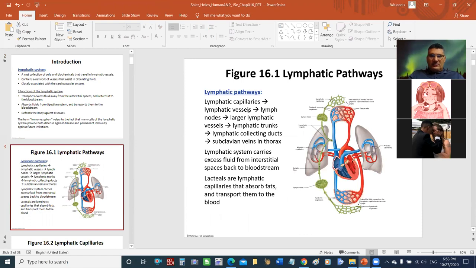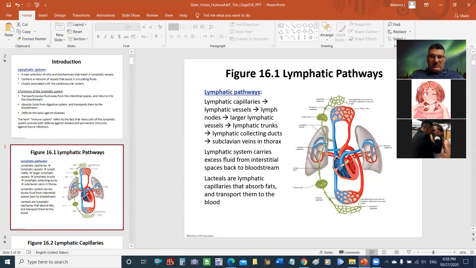So here it is. It goes from lymphatic capillaries, which is this, to the lymphatic vessels, to the lymph nodes, to the larger lymphatic vessels, to the lymphatic trunks, to the lymphatic collecting ducts, and then it will go to this vein right here. Remember, I showed you in chapter 15 that this is the superior vena cava.